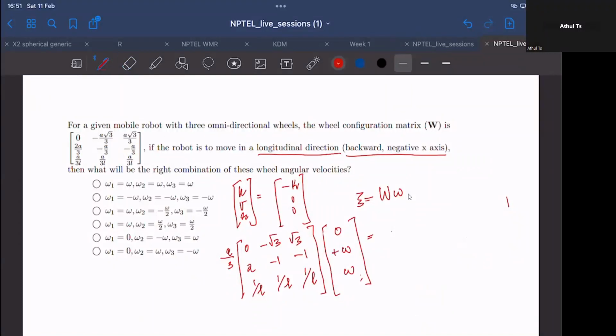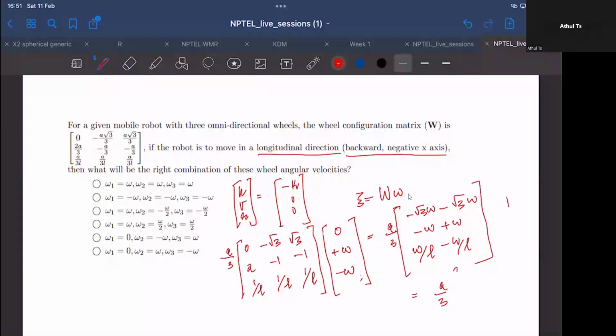The sixth option: first being 0, second being plus omega, and third being minus omega. If we expand this out, we'll end up with minus root 3 omega, minus root 3 omega, and the second would be minus omega plus omega. The third row would be omega by L, minus omega by L. So this would be a by 3 times minus 2 root 3 omega, 0 and 0.